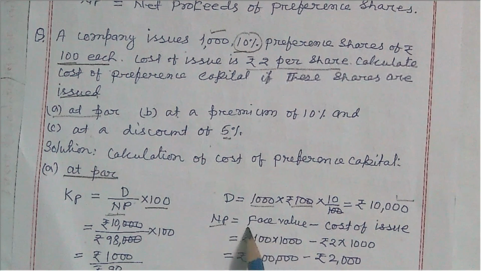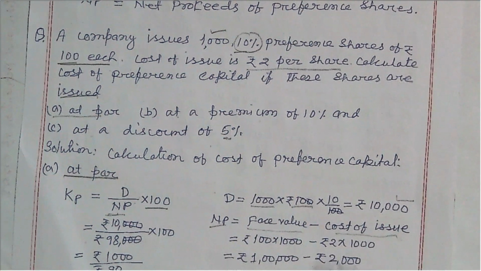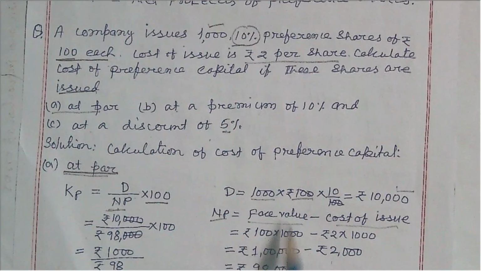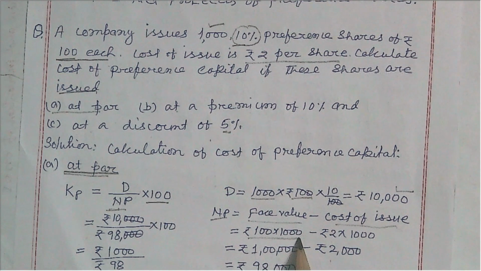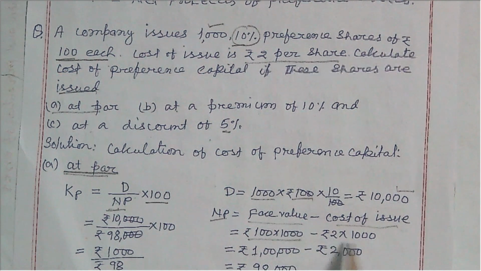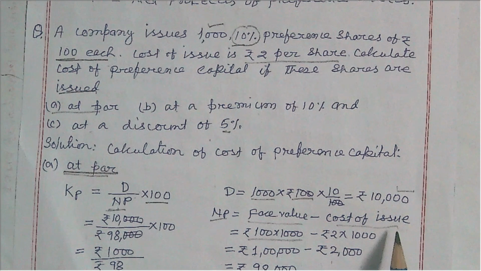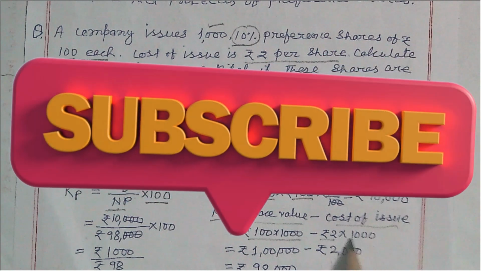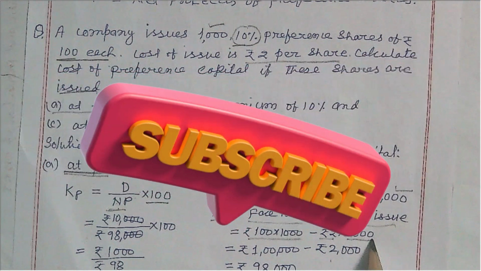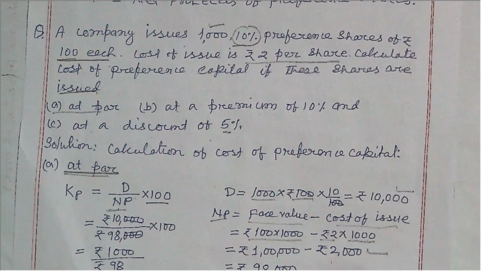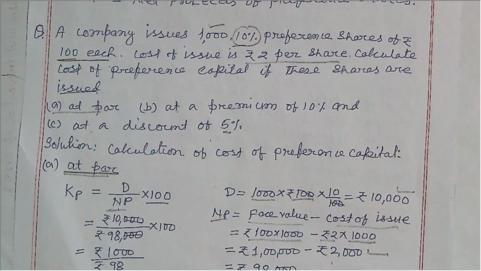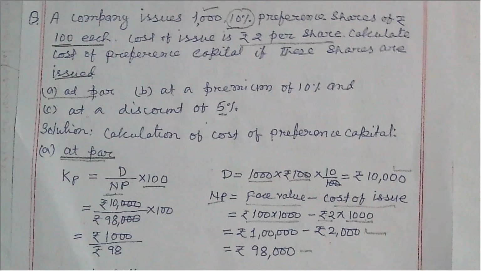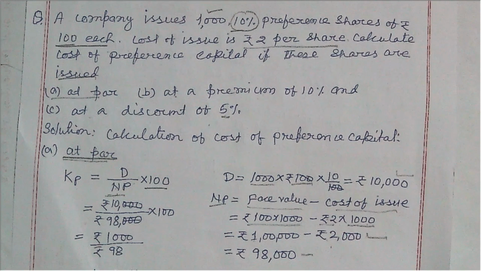Net proceeds are face value minus cost of issue, because it is at par, with no premium or discount. The cost of issue of one share is 2, and 1000 shares are issued, so 2 into 1000 is 2000. So 1 lakh minus 2000 is 98,000, which the company has received as net proceeds on issue of preference shares.